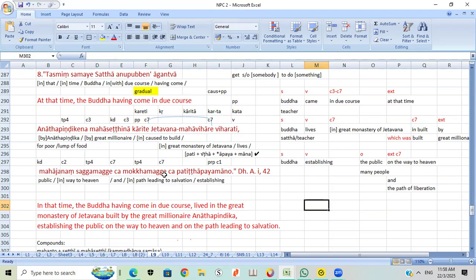Then after that, can you see these two? So this is locative: on the way, on the way to heaven, and on the next way, the path to liberation. So the word "establishing" may be a little bit weak now.